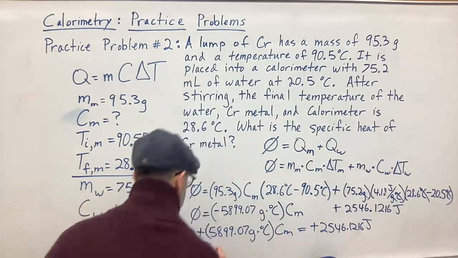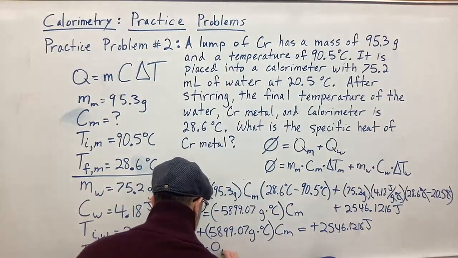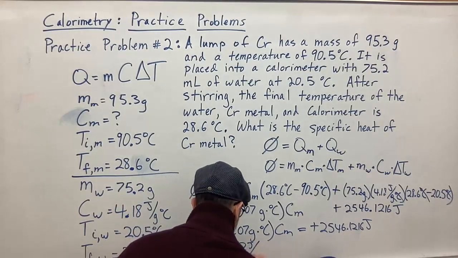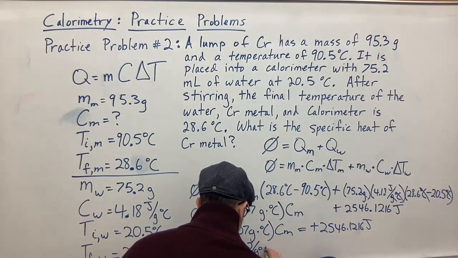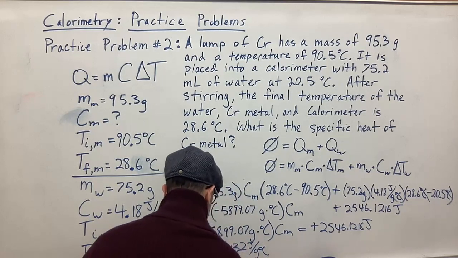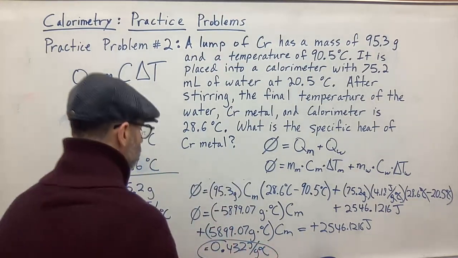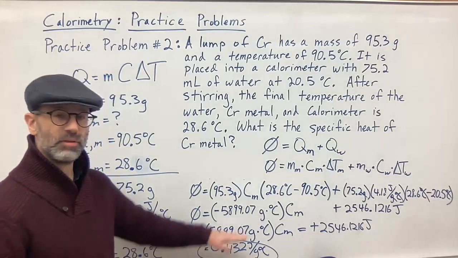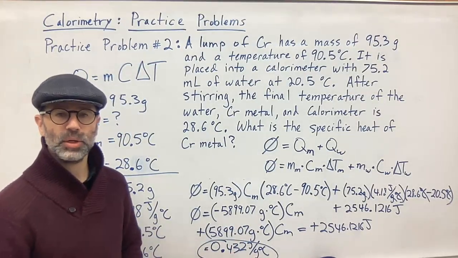The final answer is 0.432 joules per gram degrees Celsius. And that is the specific heat of the metal chromium.